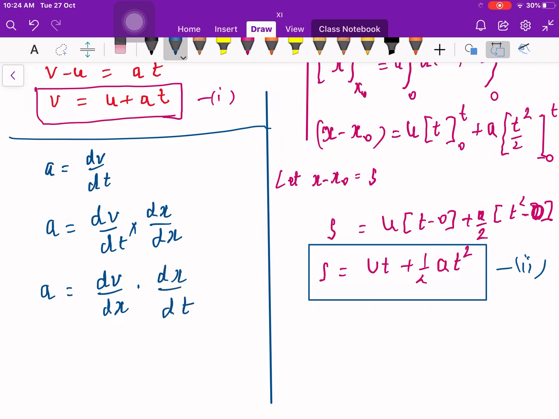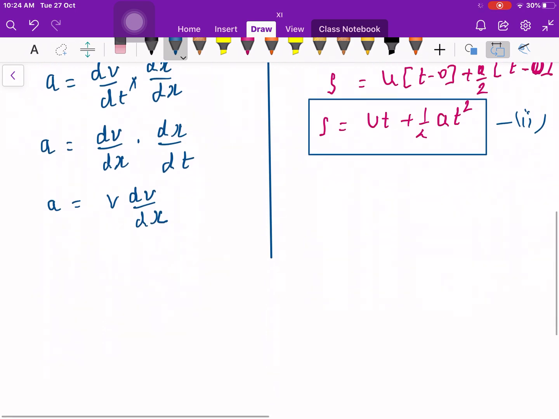I have just rearranged it. But one thing we know is that dx by dt becomes v, the velocity. So it will be v dv by dx.